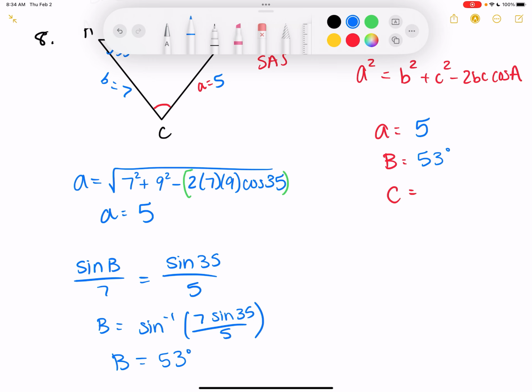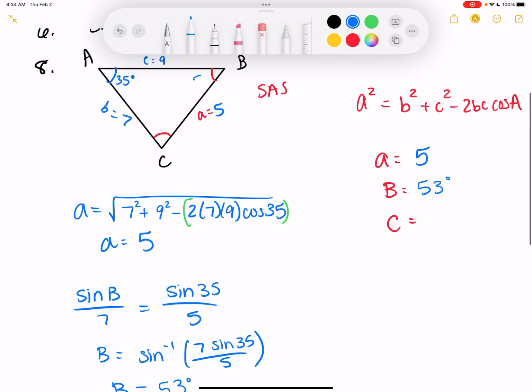And then to find C, I can obviously just do 180 minus 35 minus 53, not 52, hello. What'd you say? 92.